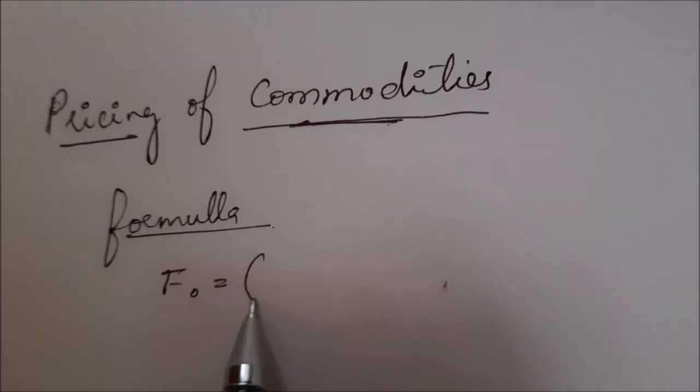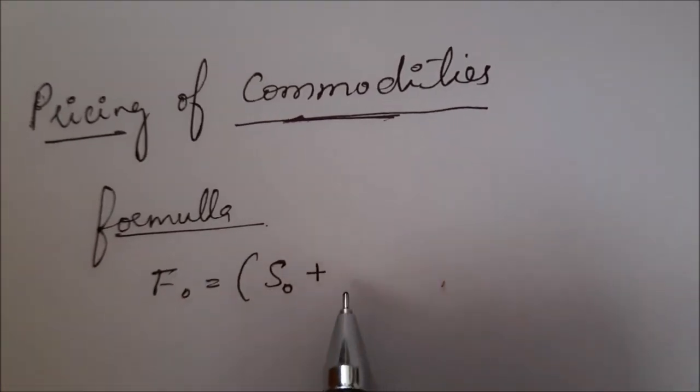F naught is equal to S naught plus C into E to the power RT.